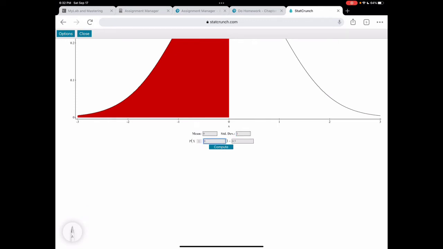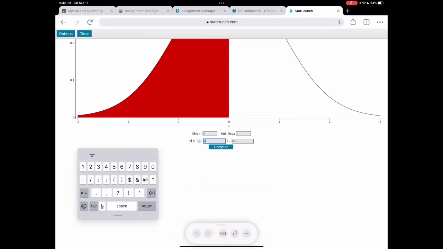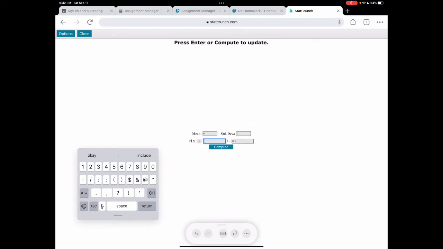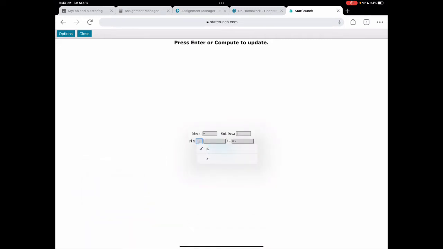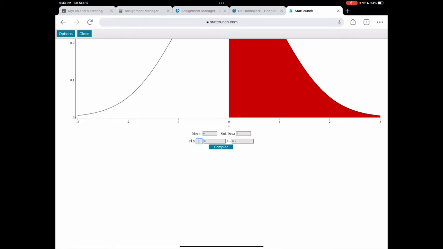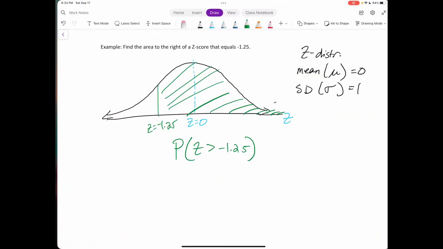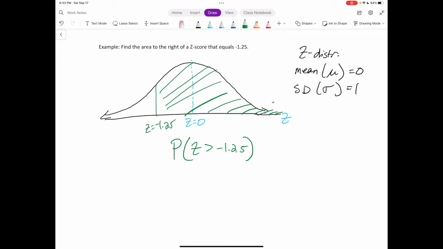However, what we need to do here is tell them that we don't want to find the probability that x is less than or equal to 0, but we said we want to go to the right. So what you do is you tap your inequality, and you can see that you're able to select a greater than or equal to. Let me go back really quickly. You notice how they have a greater than or equal to instead of just a greater than?